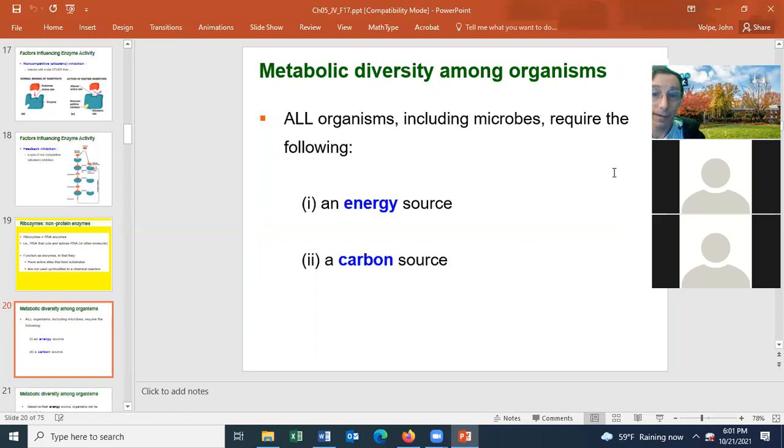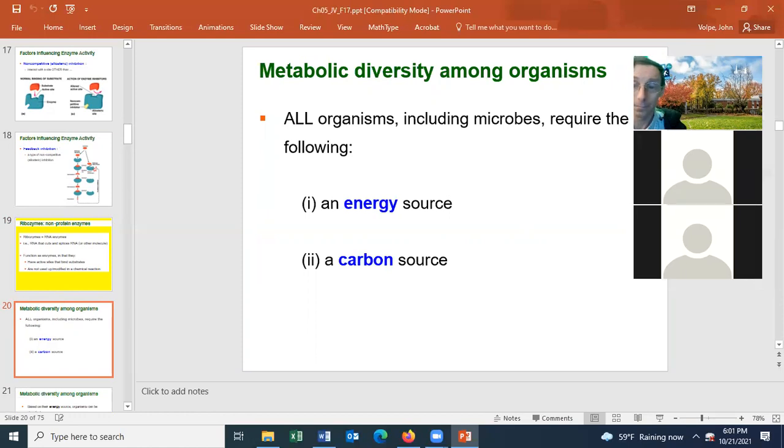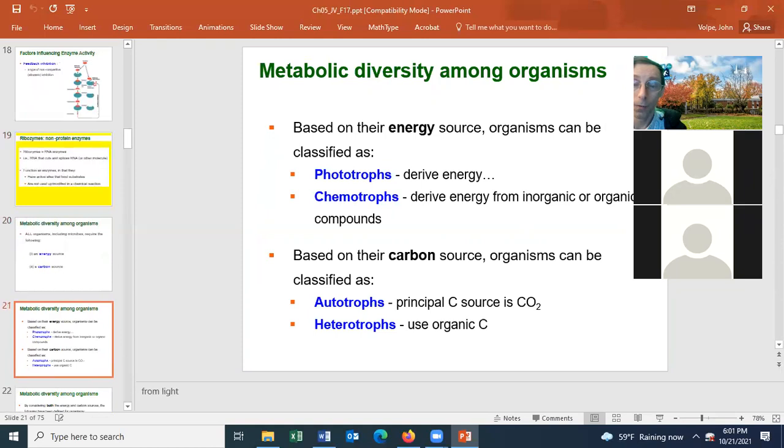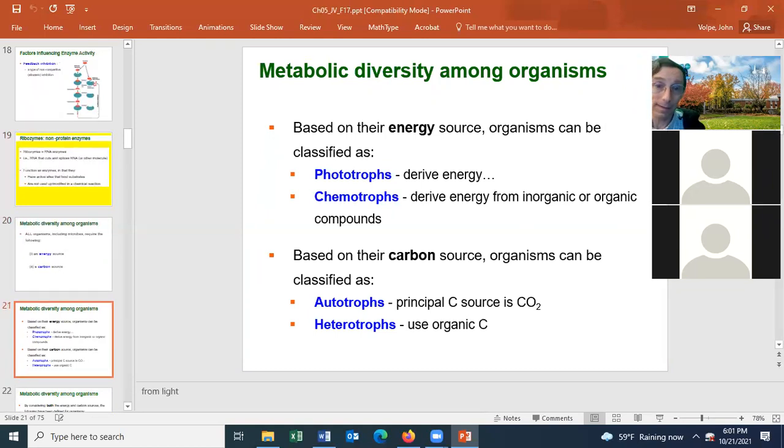There is metabolic diversity among all organisms. All organisms, including microbes, require the following: an energy source and a carbon source. We can classify organisms by their energy source. If an organism gets its energy from light, we classify those organisms as a phototroph.